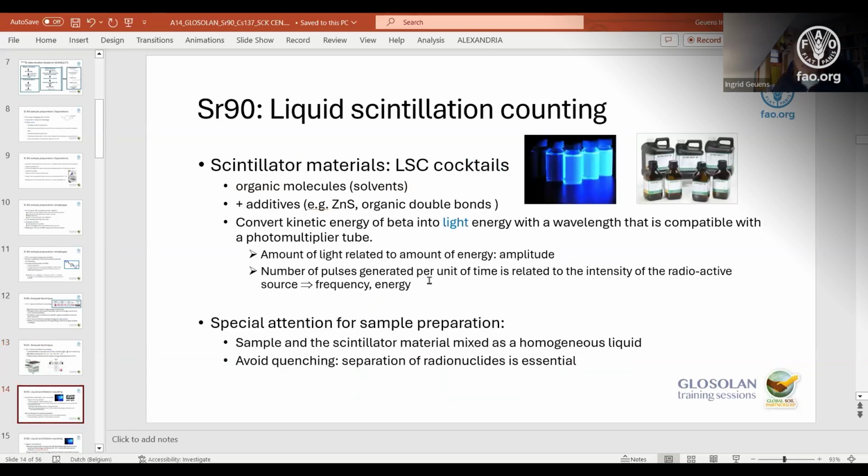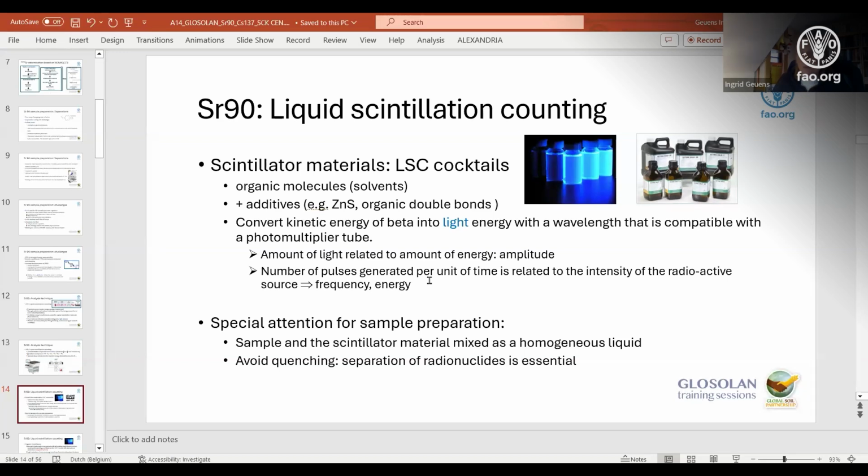Now, in liquid scintillation counting, how do we get that light emission? As said, we add some molecules, and we call that liquid scintillation counting cocktails. They're on the market, and they're based, in fact, on organic molecules, the solvents that get in an excited state, and then additives.